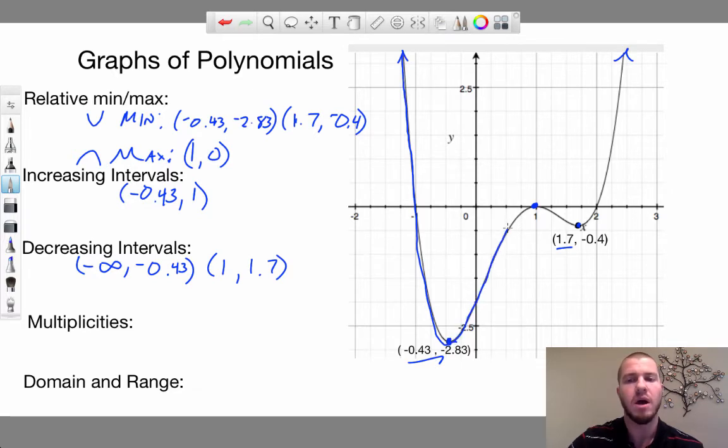And I'm going up or increasing from that x value, negative 0.43, all the way to where x is 1. And then I'm decreasing again from between 1 and 1.7. And then now it's going to increase again from 1.7 all the way until infinity.